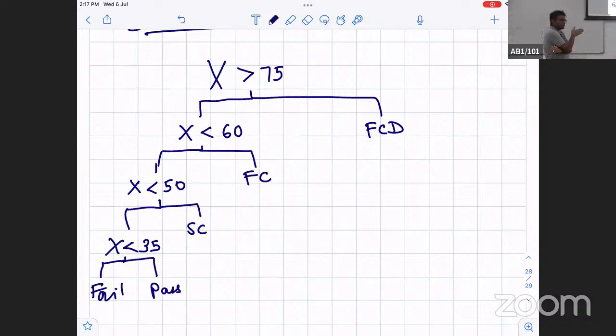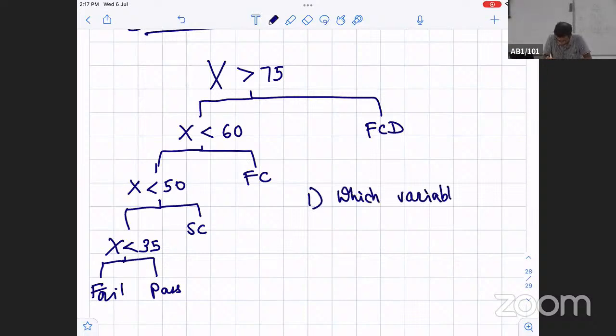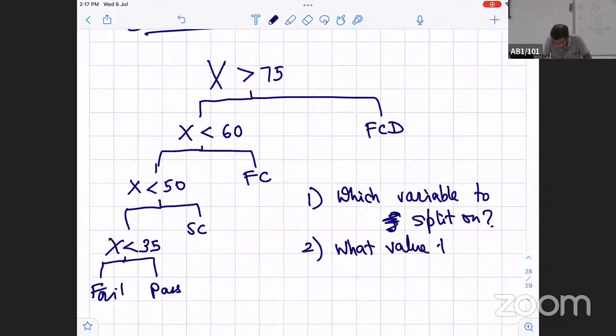So what variable to choose? Because in general, there will be more than one feature. So which variable to split on? And the second question is what value to split on? Okay, so these are the two questions that you need to be able to answer.